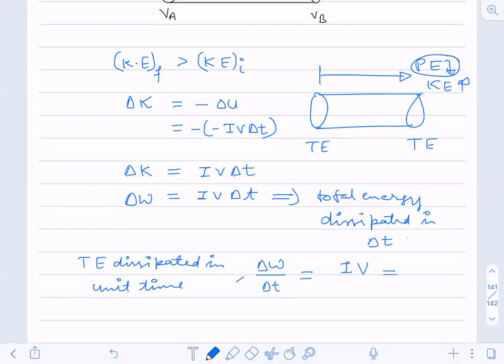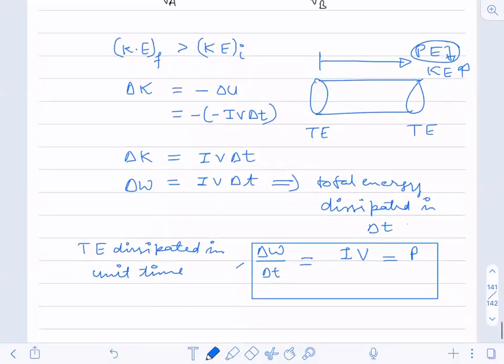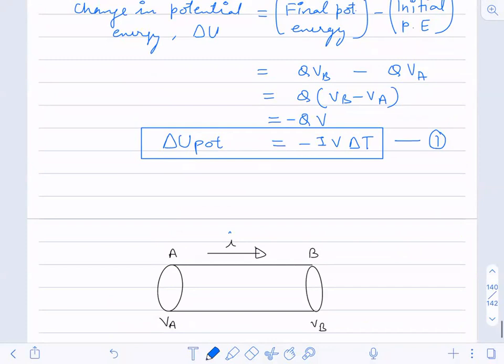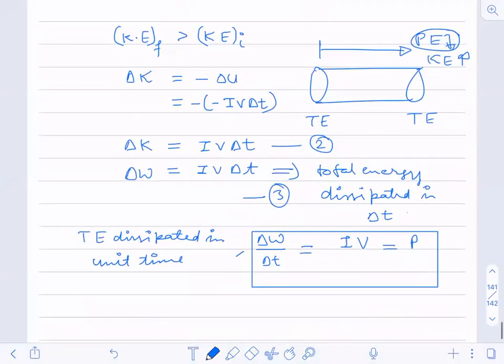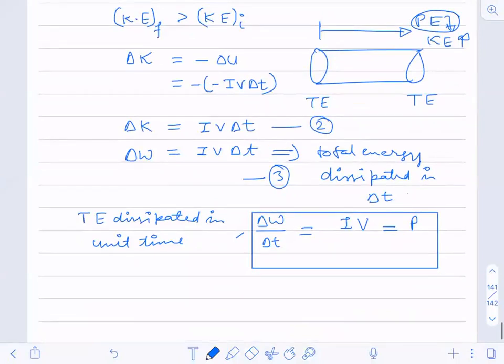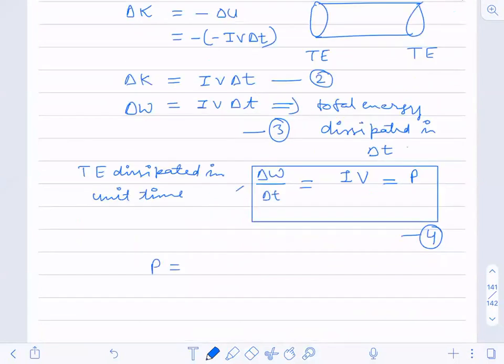That is power. So this is also a very important equation. This was the first equation, this is our second and third equation, and suppose this is our fourth equation. So P is now V into I, the total energy dissipated per unit time.